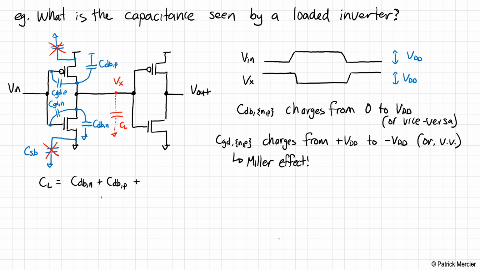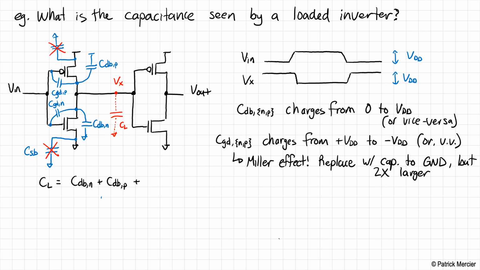In analog circuits, what we typically do is we take that capacitance and represent it by a single capacitor whose value is increased by a factor of 1 plus A, where the A is the gain of the amplifier. Now in this case, we're dealing more with large signal behavior, so it's a little bit more tricky to do this. So what we typically do in digital circuits is we replace this CGD capacitance with a capacitor to ground, but 2x larger.